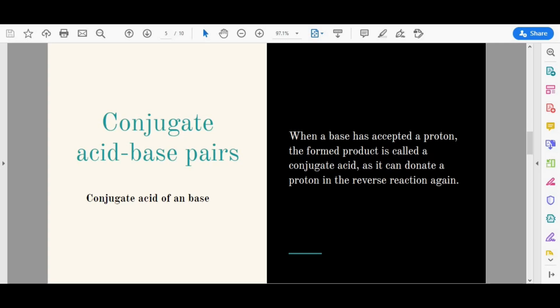So that's why, once a base accepts a proton, the new product formed is the conjugate acid. If we reverse that reaction, the acid that just formed flips the script back into what an acid usually does: it donates the proton, and therefore goes back to the base.